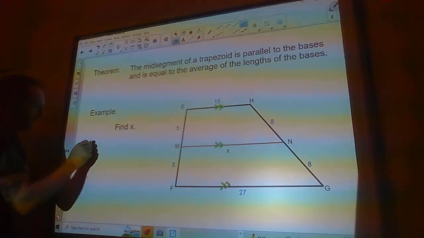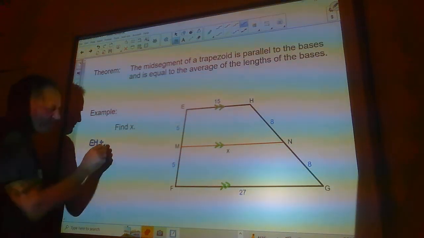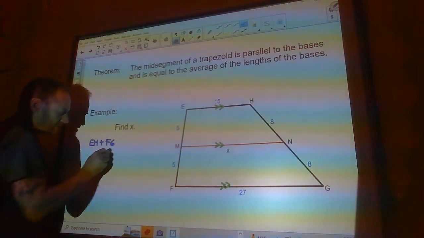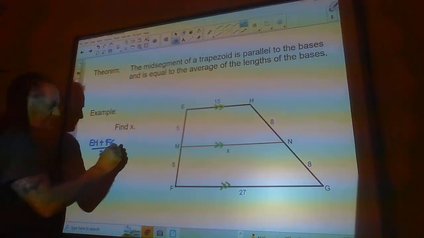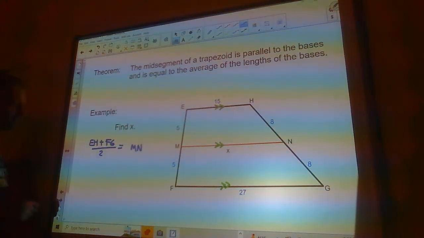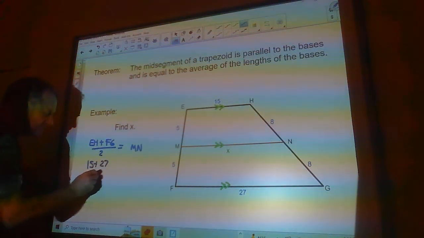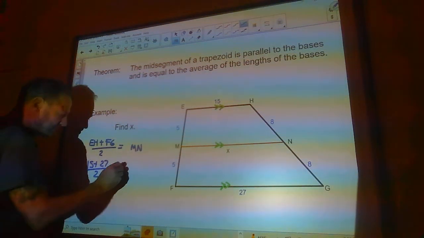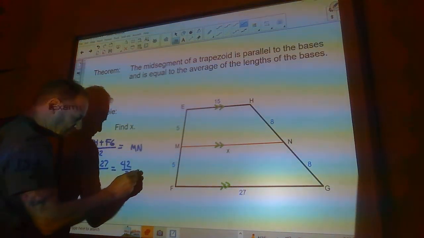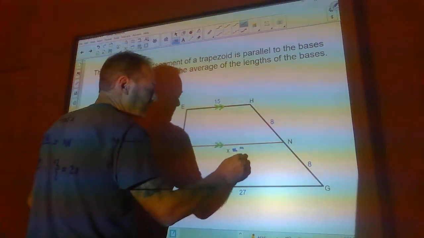That means here that EH plus FG divided by 2 is going to equal MN. In this case, it would be 15 plus 27 divided by 2, which is 42 divided by 2, which is 21. So I know this is 21 right here.